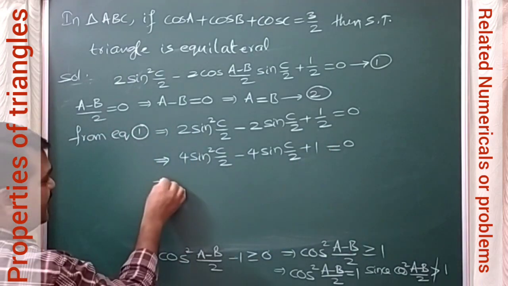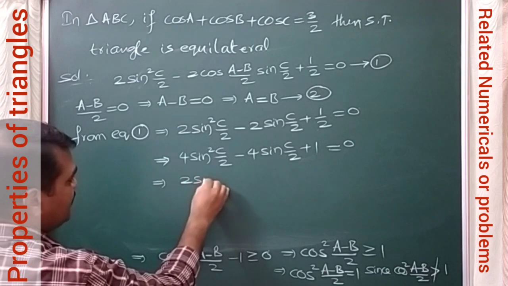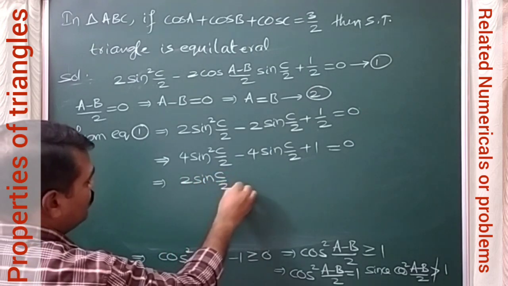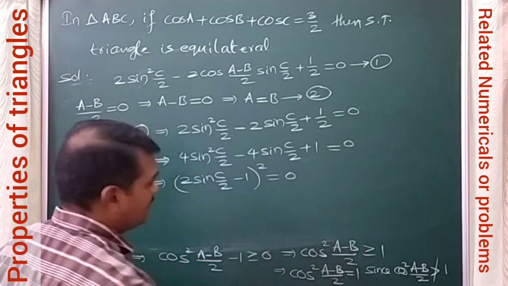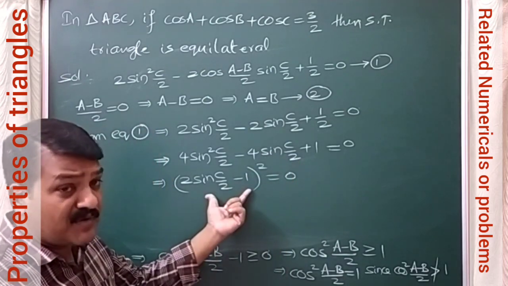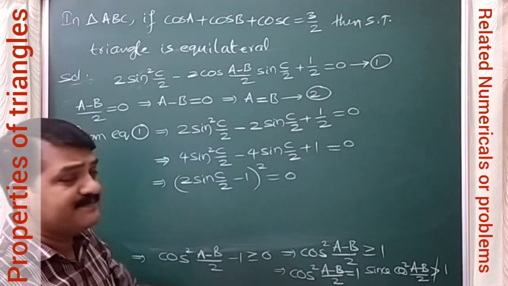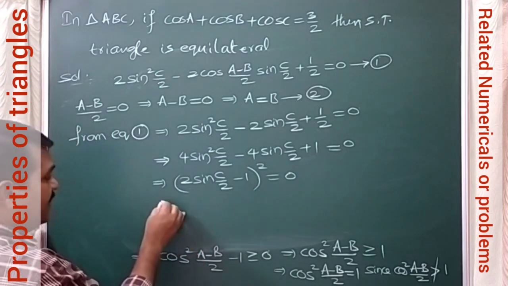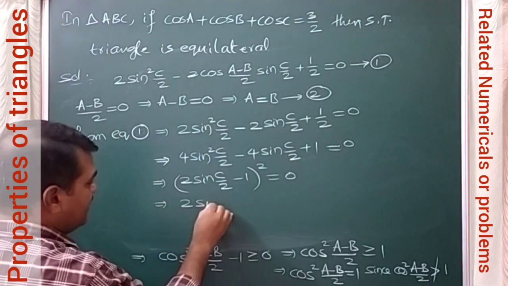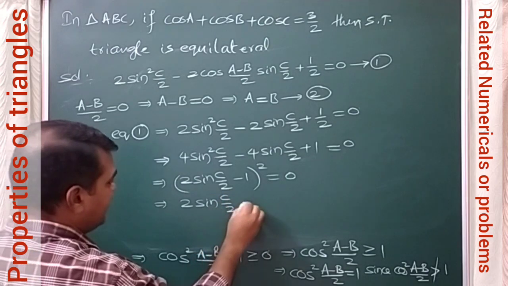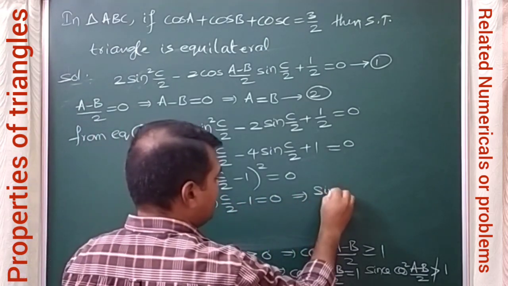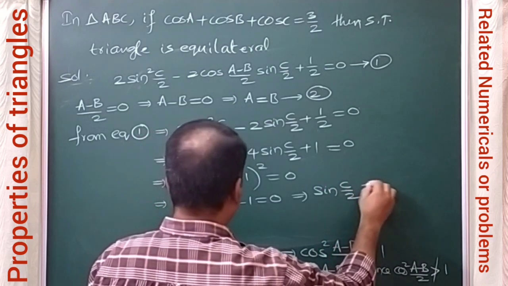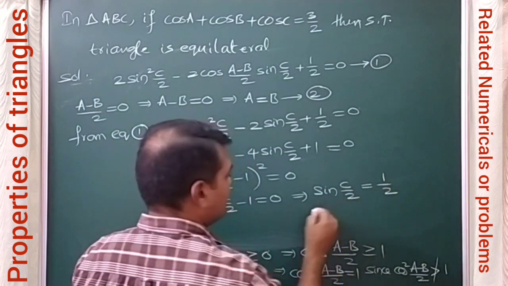Now this we can write as (2 sin c by 2 minus 1) whole square. If you expand (a minus b) whole square, you will get this only. That means 2 sin c by 2 minus 1 is equal to 0. So sin c by 2 is equal to 1 by 2.